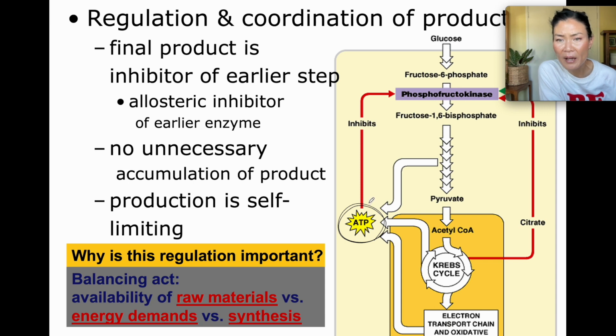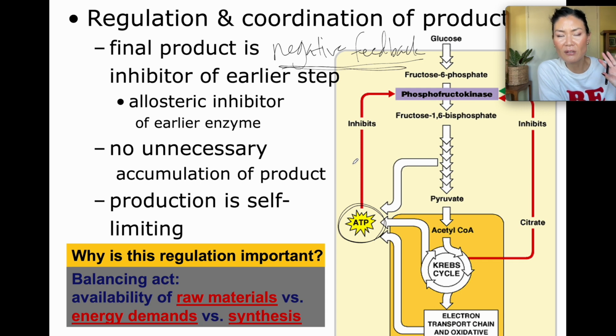So this is just one of those examples of a biochemical pathway that is regulated by negative feedback, okay? Negative feedback is when we stop a process from happening. Like this whole process of making ATP is stopped by ATP itself. It's almost like our cells are trying to conserve energy by not making too much of something that is unnecessary, okay?